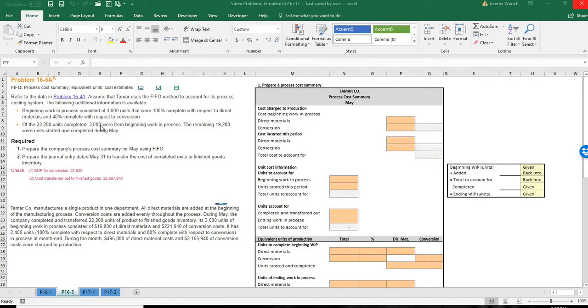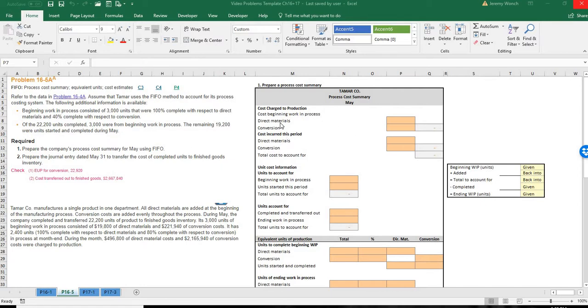Beginning work in process was 3,000 units; they already had all of the direct materials added and 40% of the conversion cost added. Then we completed 22,200 units, 3,000 from work in process, and the remaining 19,200 were started and completed during the month.